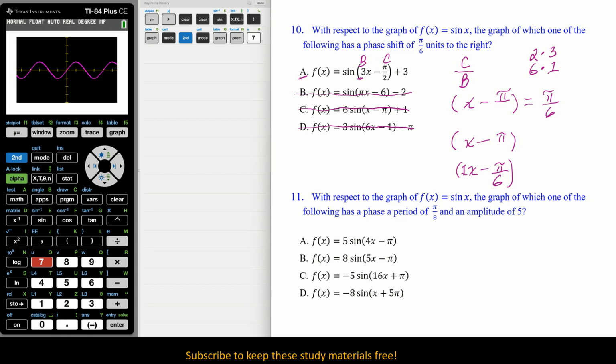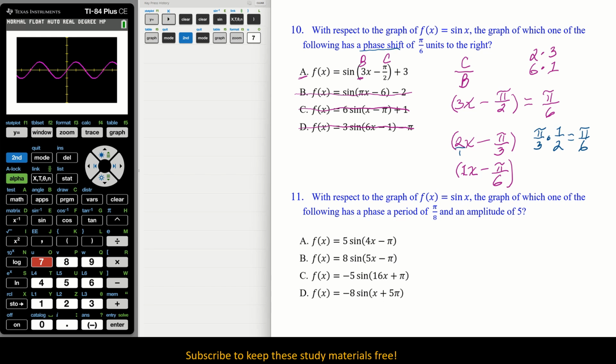For our purposes for A, we can either have 3 over 2 or 2 over 3. So we can have pi over 3 and then divide it by 2 over 1, which means that gives us a reciprocal of 1 over 2, which gives us pi over 6. Remember, they're asking for phase shift, not period.